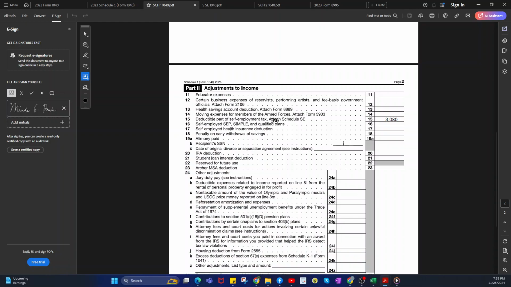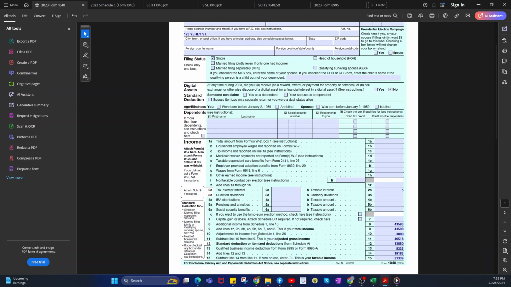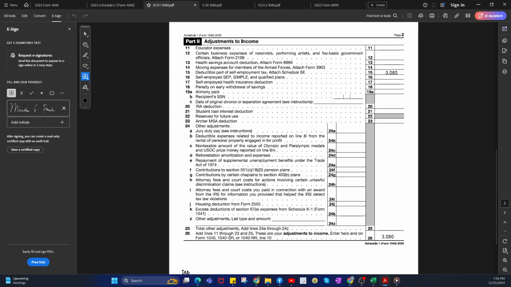So when we create this Schedule 1, we have to attach, of course, Schedule SE, self-employment. So for Schedule 1, line 15, you can find it here. Schedule 1, line 26. See? Line 26 rather.